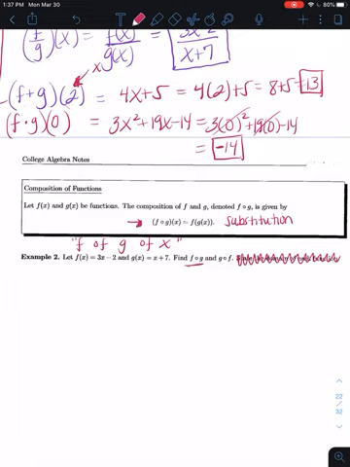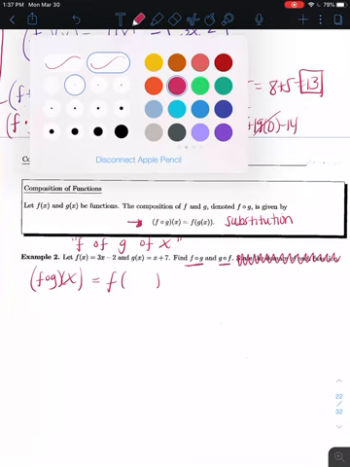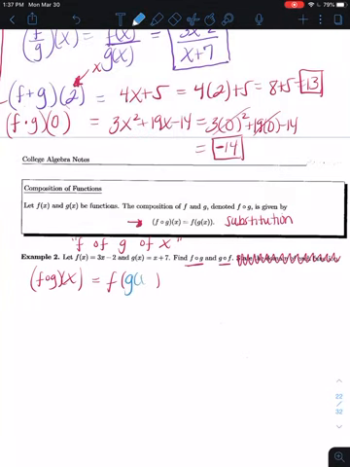So it says find f of g and g of f. So first of all, let's find this f of g, and it should be an x beside it. So f of g of x. This is the same thing as taking the f function, and inside you should have g of x. So what you do is you start off with f of x.